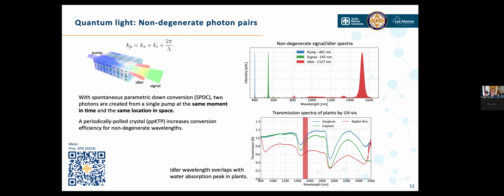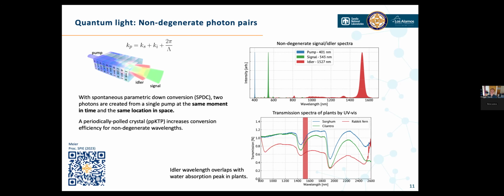So in our particular experiment, we're pumping with a 400 nanometer laser, detecting kind of the green area, the 540. And then our idler photon interacting with the plant is actually about 1.5 microns. And that approximately correlates to this band where there's a strong absorption peak, which translates to a transmission dip, due to water.